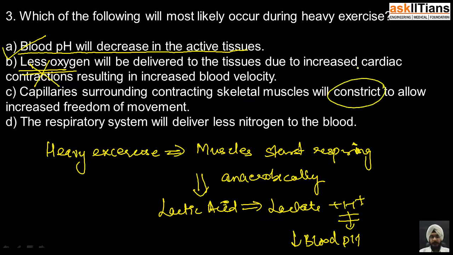In fact, there will be more dilation so that they can provide more blood flow to the skeletal muscles. So this option is also incorrect. Nitrogen does not have much role to play in this process, so option D is also incorrect. So the correct option is A. Blood pH will decrease in the active tissues.